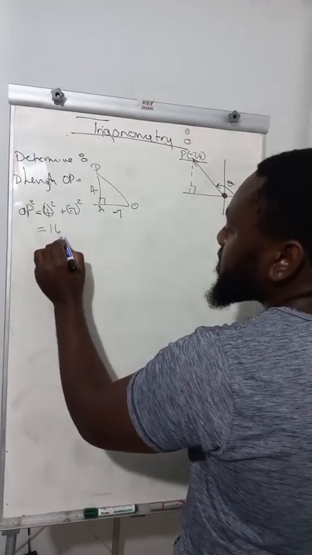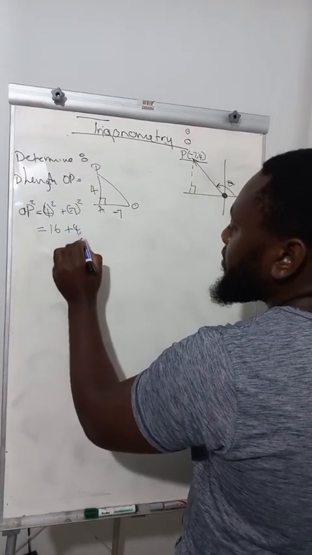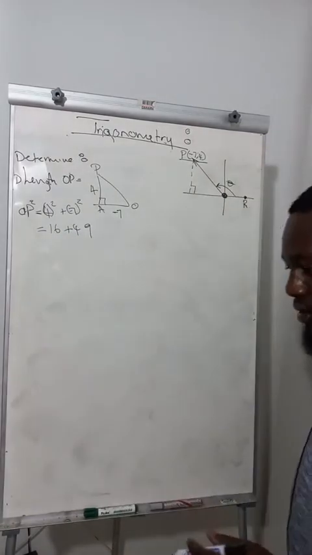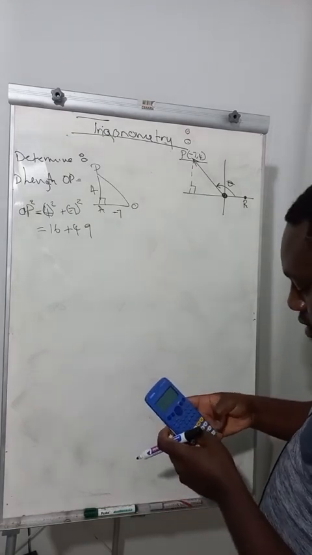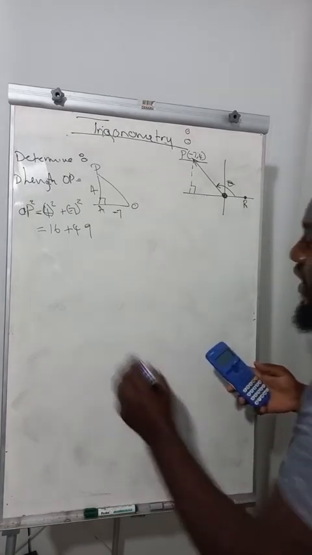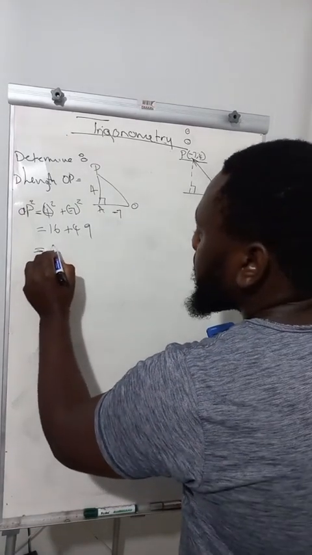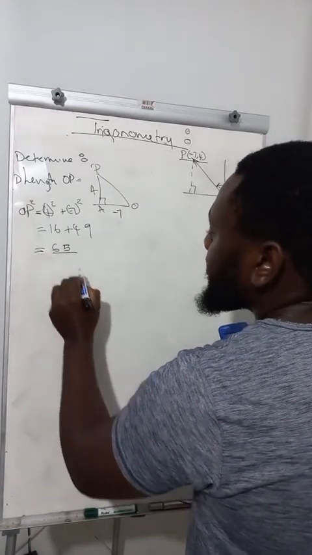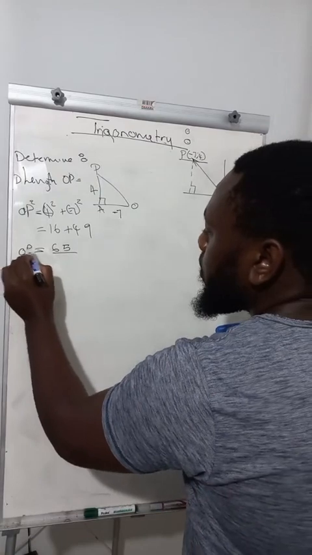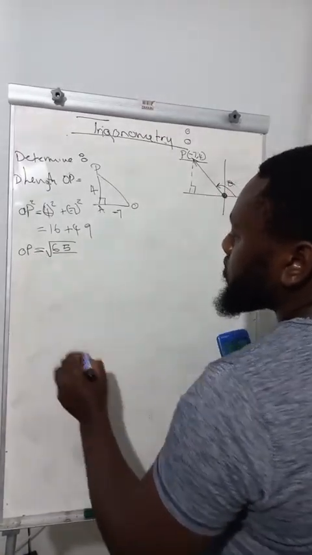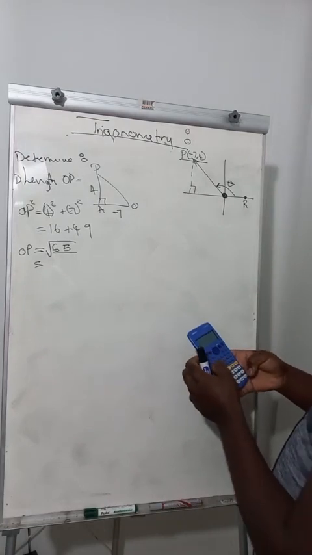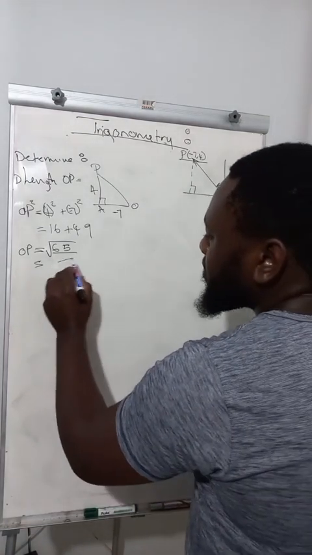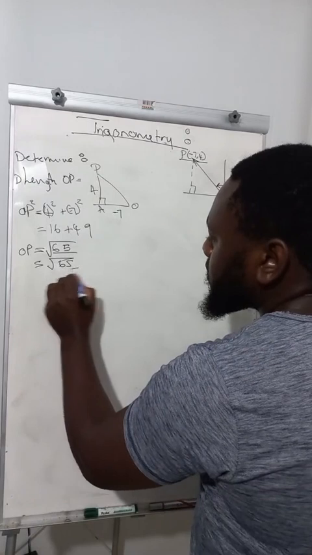You'll have 16 plus 49, and 16 plus 49 you get 65. So OP is the square root of 65, which would just be the square root of 65, guys.